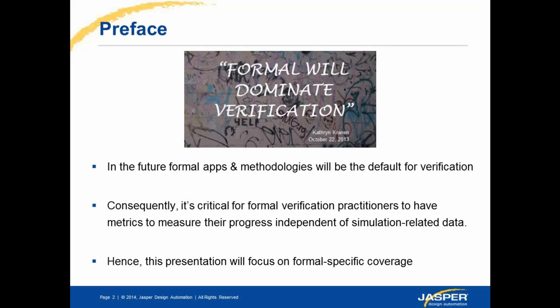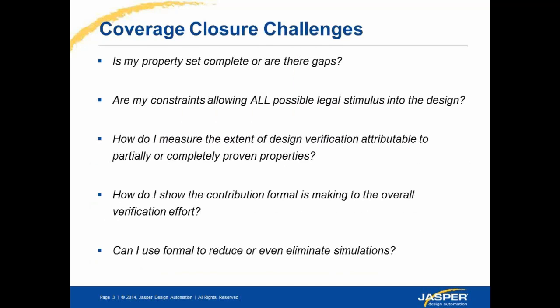So if formal would dominate verification, how is this important for us? We need a credible metric to measure the amount of formal verification you have done so far so that you can sign off on your formal verification effort. So when I say coverage, what are the things that spring to your mind?